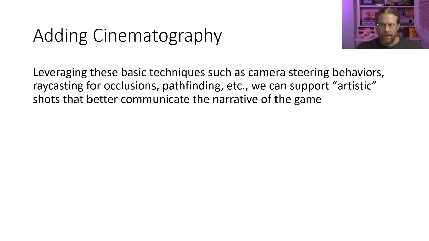So next up, we can start thinking about adding this cinematography concept that I mentioned before. We can leverage some of these basic techniques we've seen so far for the camera movement, checking for things like occlusions, maybe taking advantage of pathfinding features like the nav mesh, or maybe even little bits of A-star type search.